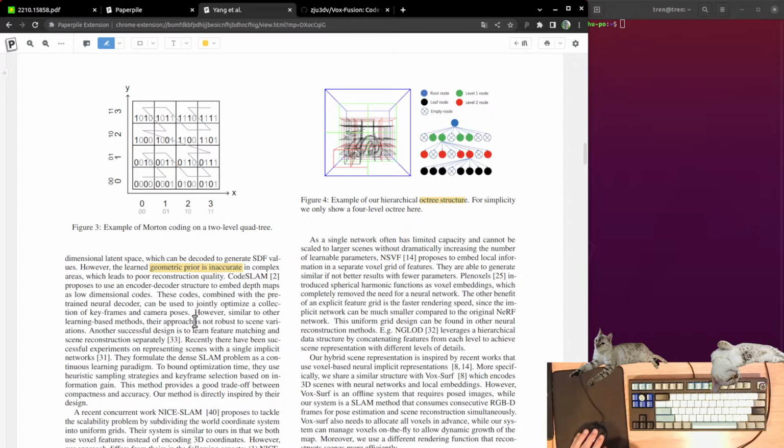It seems like the main negative about the older learning-based approaches is the lack of robustness to scene variations. I would say that maybe part of that is just that they were working with probably poor data sets that were limited to a specific domain. But I don't know. Water under the bridge, right?